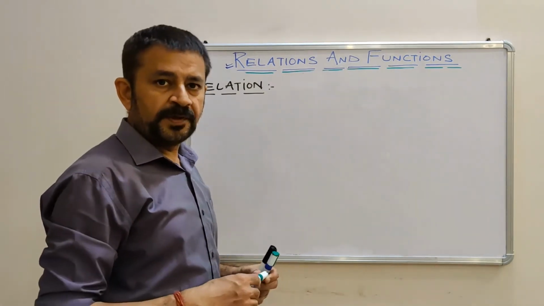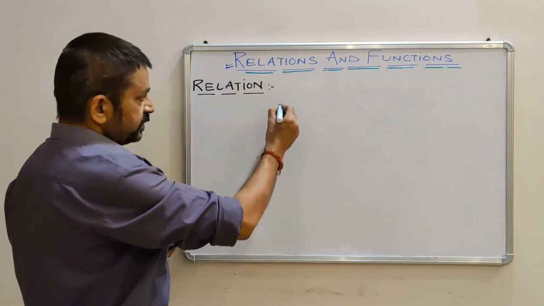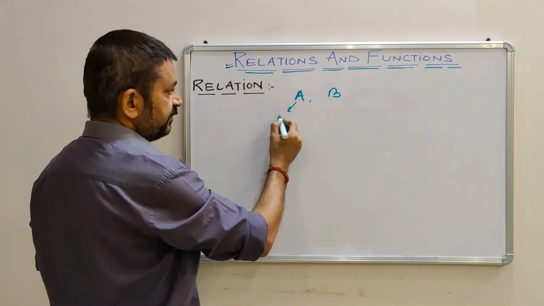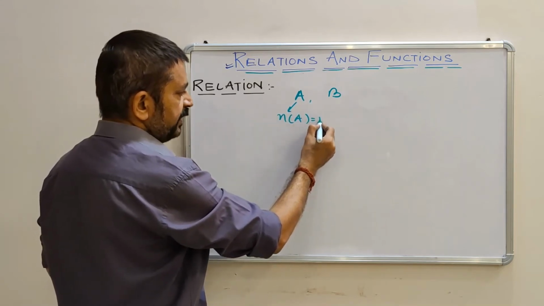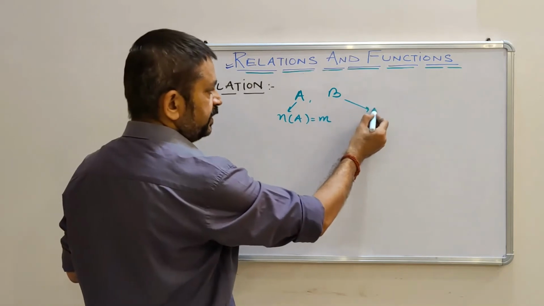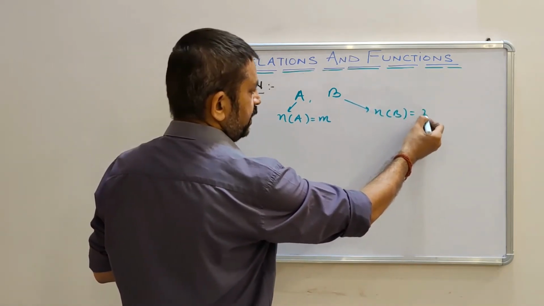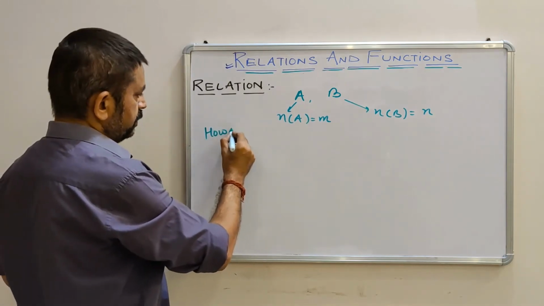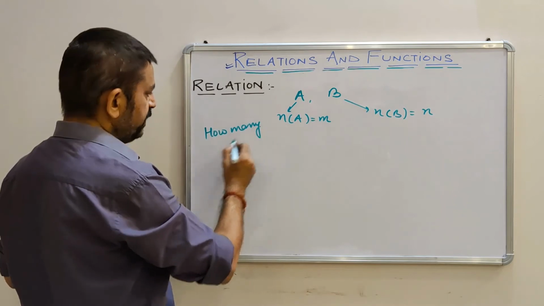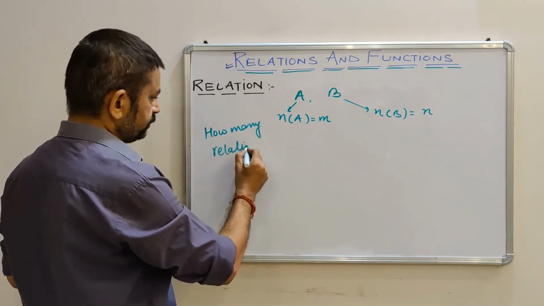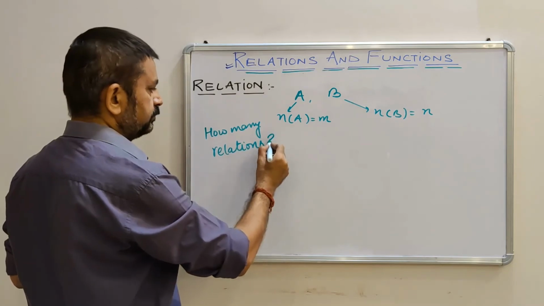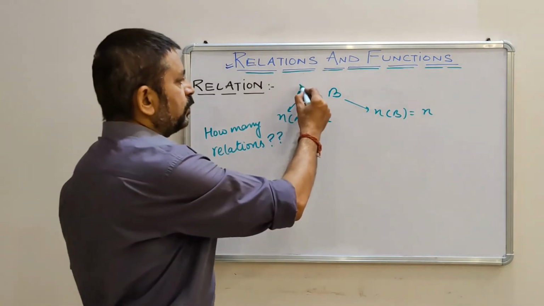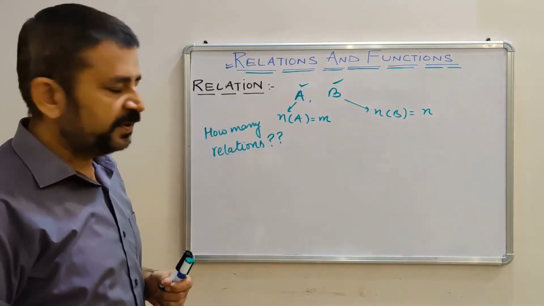Now, one very interesting part of this relation. Suppose we have two sets A and B. A is having m elements, B is having n elements. So the question is, how many relations can we form by using these two sets A and B?